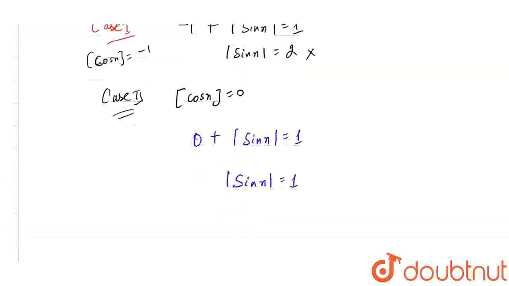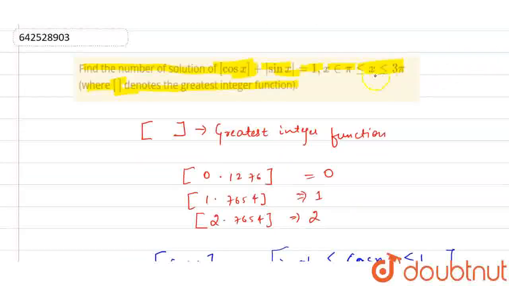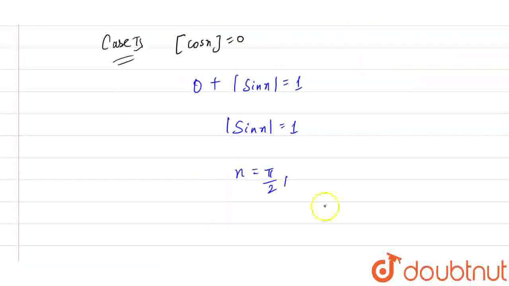From here x equals pi by 2, because sin pi by 2 is 1. The other values are 3 pi by 2, 5 pi by 2, and so on.